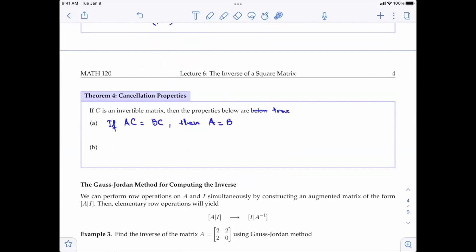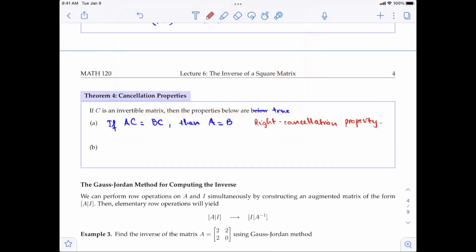This only works for the case of C being an invertible matrix. And this is called the right cancellation property, because C is on the right of A and C is also on the right of B. So therefore, for an invertible matrix C, A is equal to B.